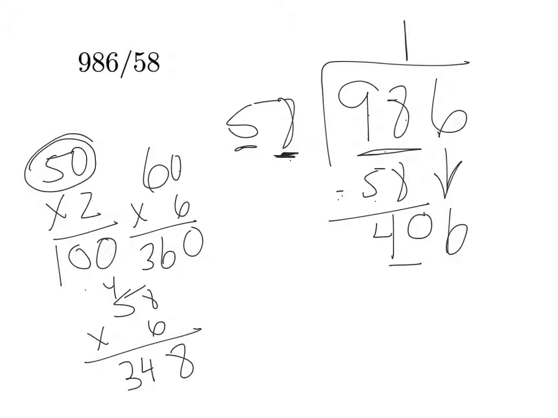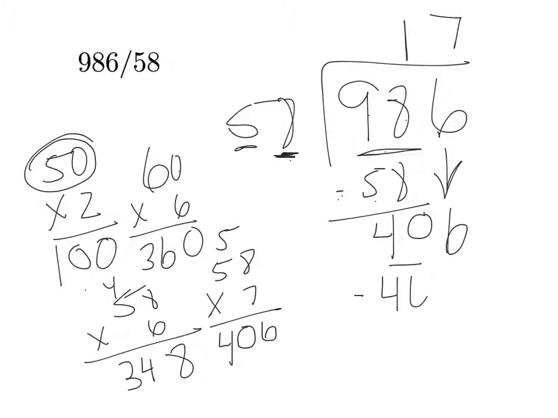Let's go up 1. So 58 times 7. 8 times 7 is 56. 5 times 7 is 35, plus 5 is 40. Look at that. So 58 times 7. So we're going to put our 7 up here.